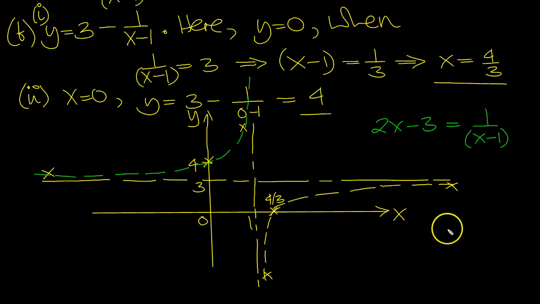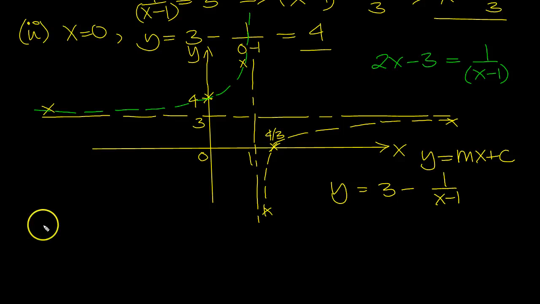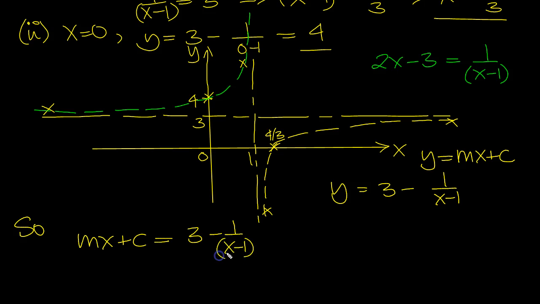Right, so the line L is y equals mx plus c. And we've got this curve y equals 3 minus 1 over x minus 1. So for that line to intersect that curve, we need mx plus c to equal 3 minus 1 over x minus 1. And we're told that this holds, so we can replace that by 3 minus 2x.